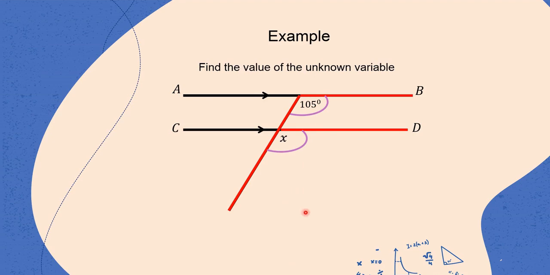So when we write our answer, we'll say x is equal to 105 degrees, and we always give a reason. And our reason is, it is because they are corresponding angles. And how do we know this? Because AB is parallel to CD. And when we write out parallel, these two strokes are the symbol for parallel.